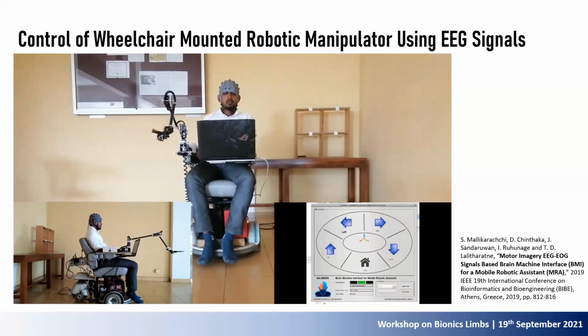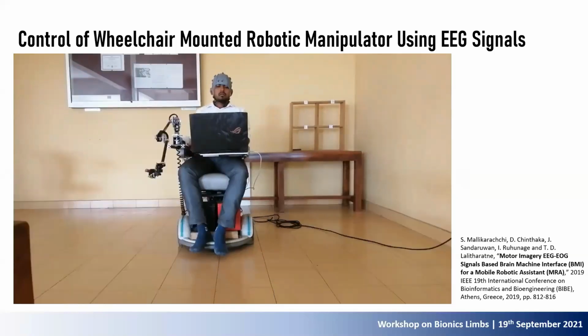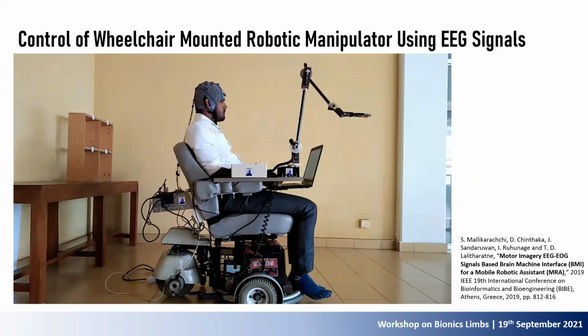In addition, we made a GUI, graphical user interface, so that we can enhance this EEG based classification to do different activities. What we tried to classify in this study was left hand imagined motion versus right hand imagined motion.